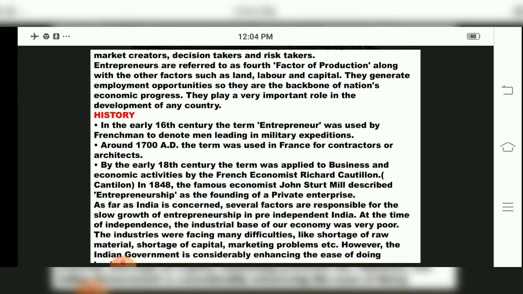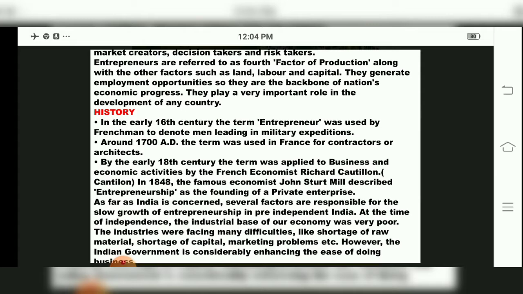Now see, children, what the history is telling: this word entrepreneur was first used by a Frenchman in the military. Afterwards, entrepreneur was used in French for architects and contractors. Then in the early 18th century, the word was applied to business and economic activities. As far as India is concerned, entrepreneurship is a private enterprise which has a major contribution in the economic development of a country.